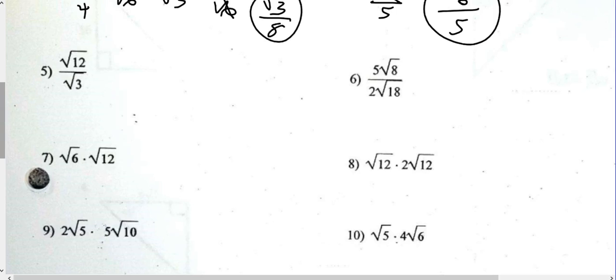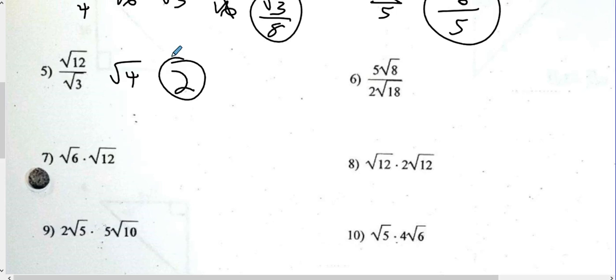Again, on this one, you could multiply top and bottom by radical 3, but 3 goes into 12. Therefore, radical 3 goes into radical 12 radical 4 times. Now, what's that equal to? Simply just 2.